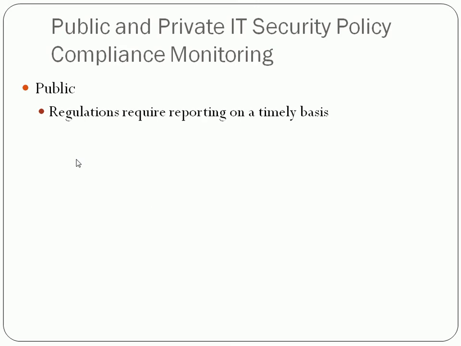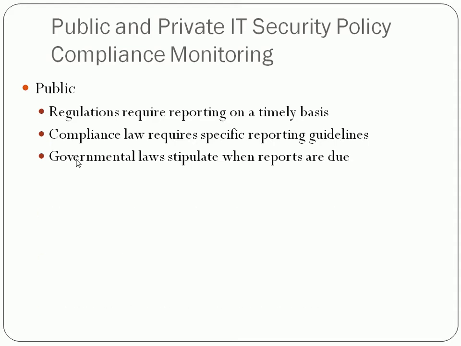So they have regulations that might require reporting on compliance with policies. There might be some compliance laws that require specific reporting guidelines, and governmental laws that stipulate when reports are due. So there may be some regulatory requirements in those cases.